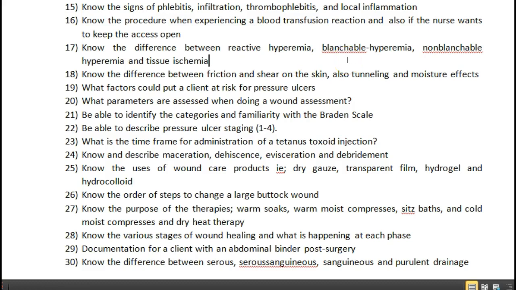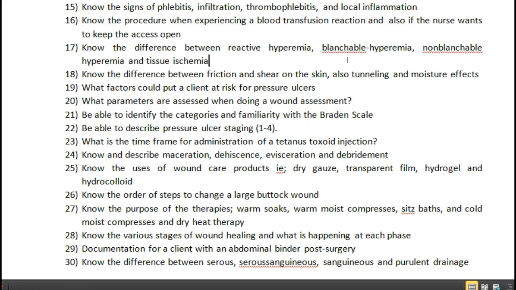The difference between reactive hyperemia, blanchable, so we're going into skin stuff now, blanchable hyperemia, non-blanchable hyperemia, and tissue ischemia. Non-blanchable hyperemia is if you touch it and it persists after you palpate it.